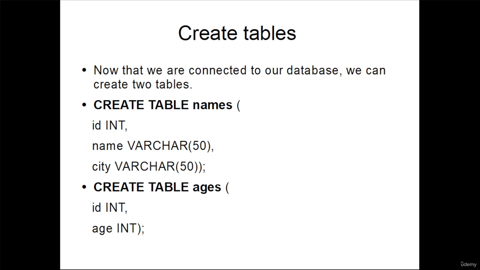If the data types of linked columns do not match, queries can fail or require extra processing to convert between types, slowing down performance. At this stage, we have successfully set up the structure for storing names and ages in separate tables. The next step will be inserting data into these tables, which we will cover in the next slide.